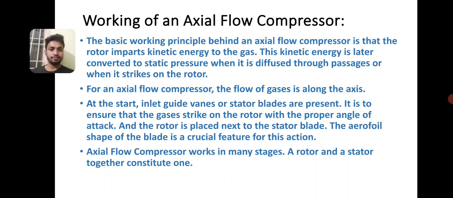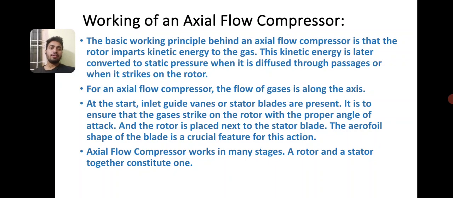At the start, inlet guide vanes or stator blades are present. They ensure that the gases strike the rotor at the proper angle of attack, and the rotor is placed next to the stator blade. The aerofoil shape of the blade is a crucial feature for this action.